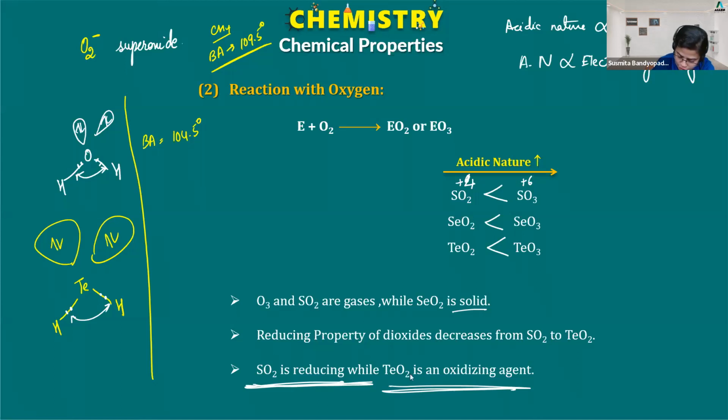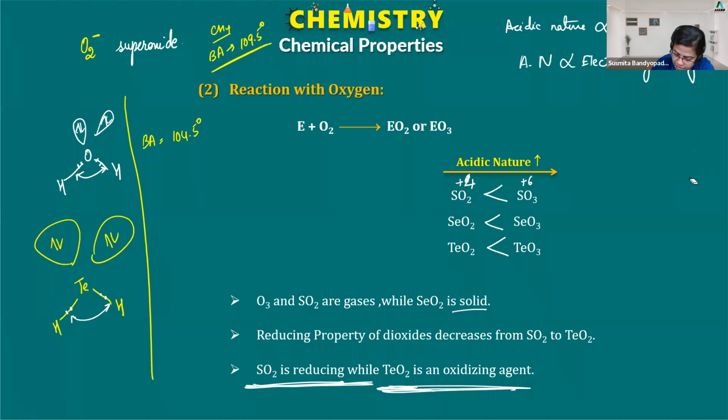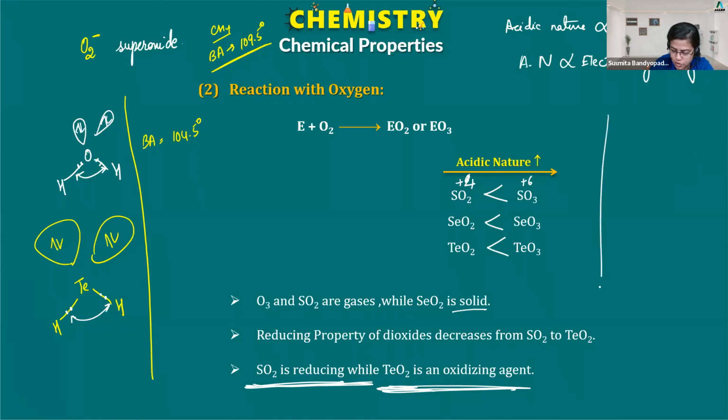TeO2, yes, I can think in terms of the inert pair effect, but the inert pair effect generally makes the lower oxidation state more stable. Without the inert pair effect, it's +6, which mostly exists. With the inert pair effect, it should be +4, which is more stable than +6.